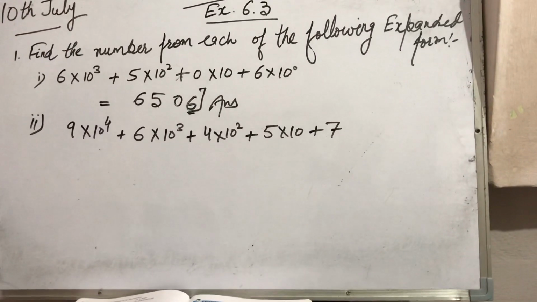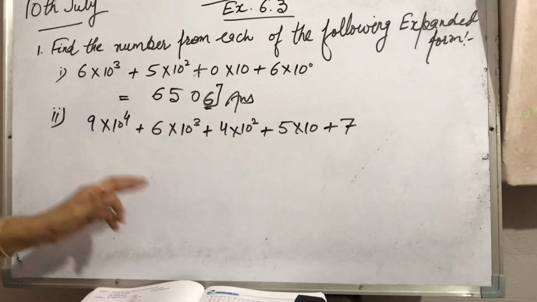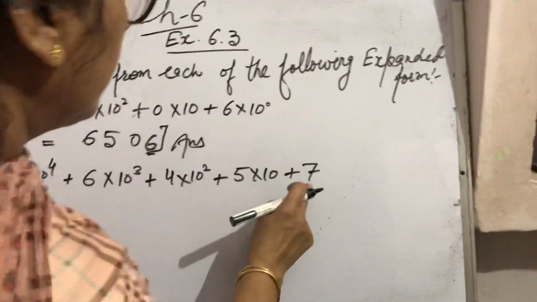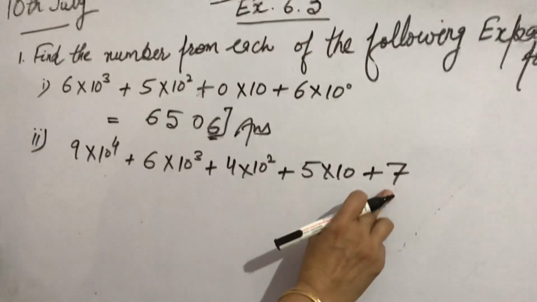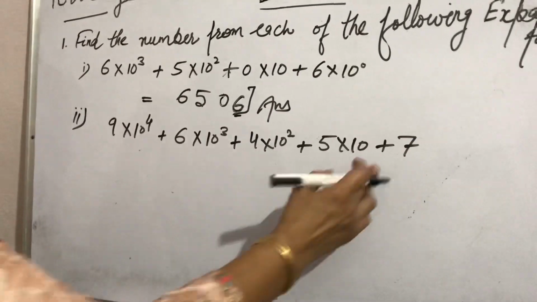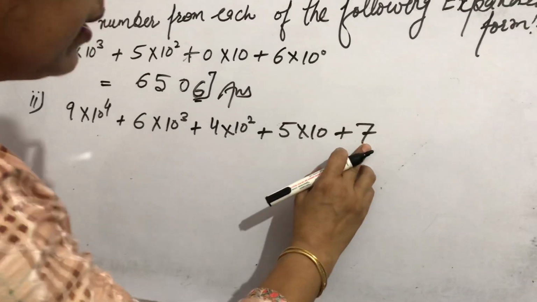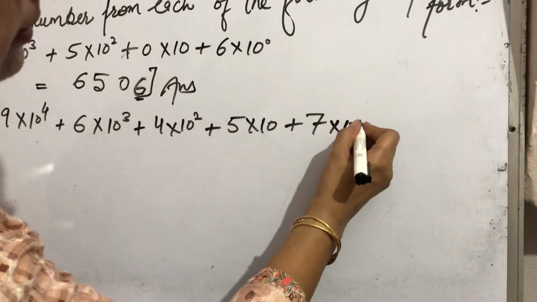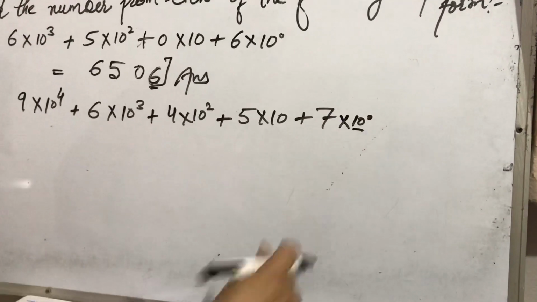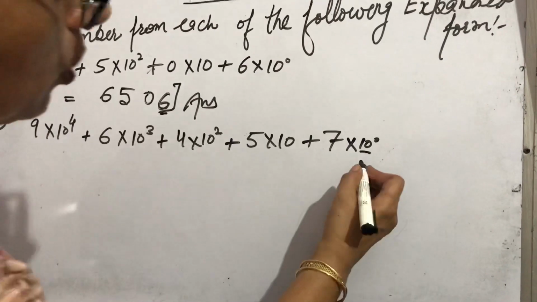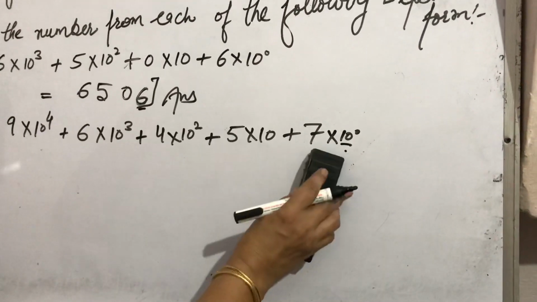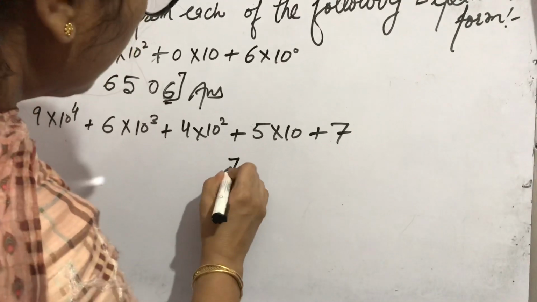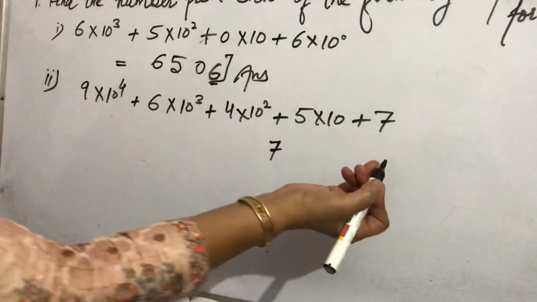Now, same as the previous question, we will start from the right side. In this question there is no 10 multiplied with 7, but if we use 10 raised to power 0, 7 ones are 7. So already we can use 7 directly, no need to multiply it.